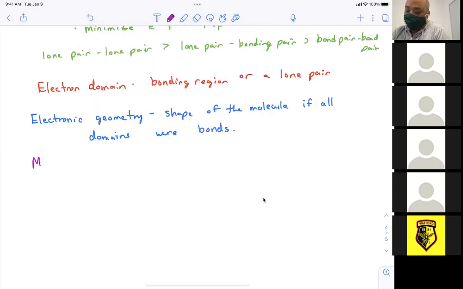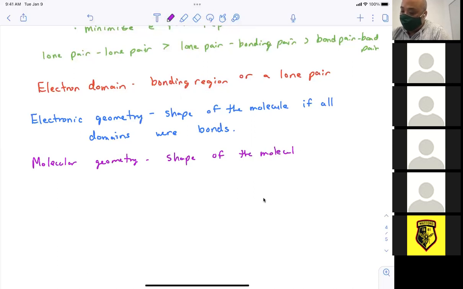Whereas molecular geometry is the shape of the molecule factoring in lone pair repulsion. So every electronic geometry is a molecular geometry, but not every molecular geometry is an electronic geometry. There are fewer electron geometries than there are molecular geometries.